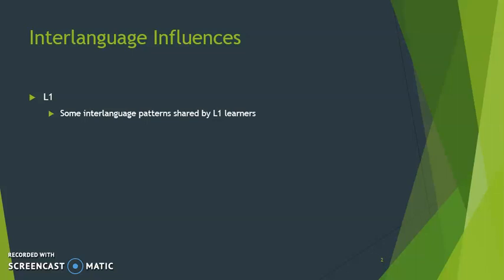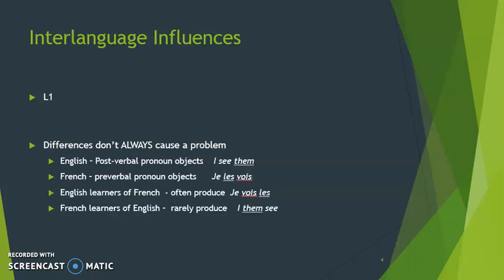And we have found that there are some patterns that tend to happen in the interlanguage of learners who share an L1. But it is important to remember that differences between the L1 and the L2 don't always cause a problem. Let's look at one specific example.